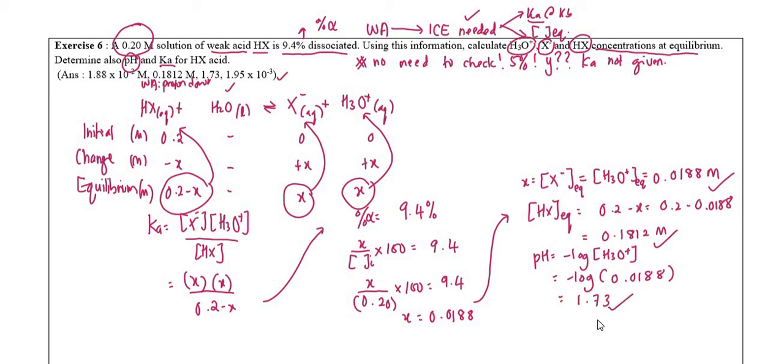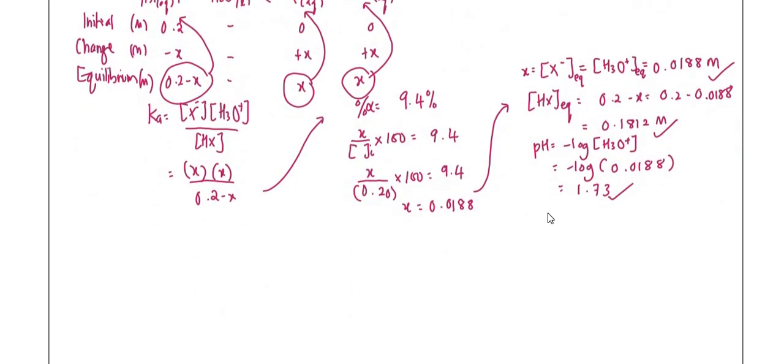Okay, how about Ka? Ka equals X squared over 0.2 minus X, that means 0.0188 squared over 0.2 minus 0.0188.